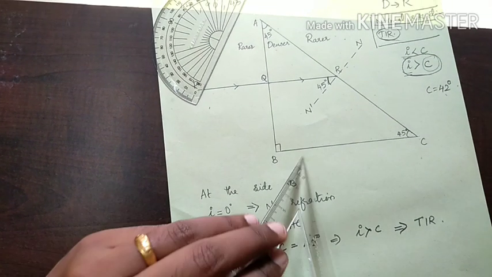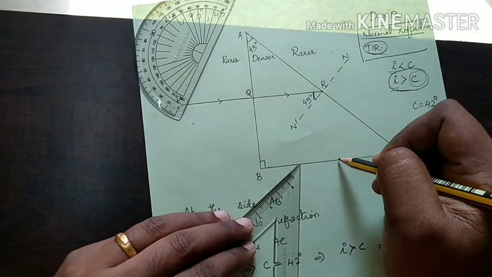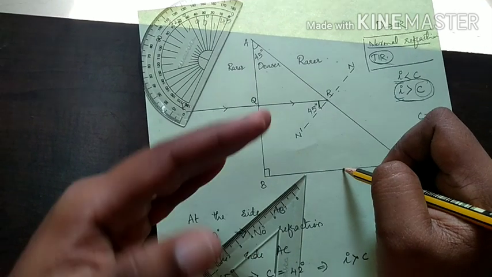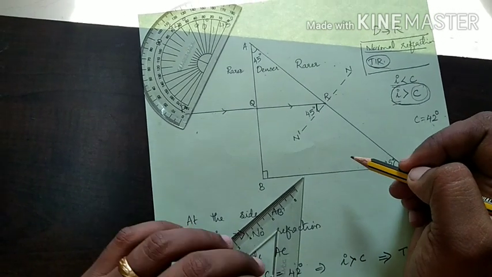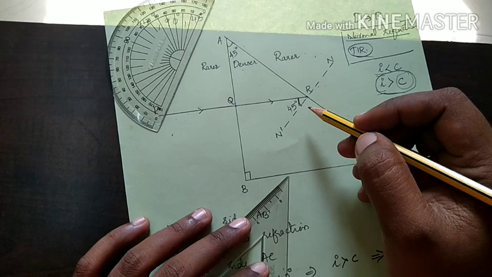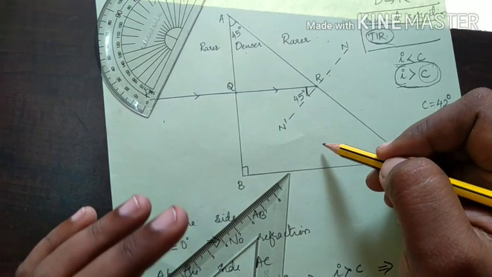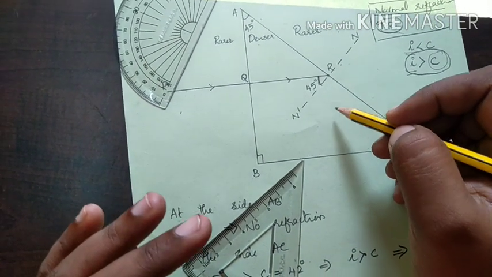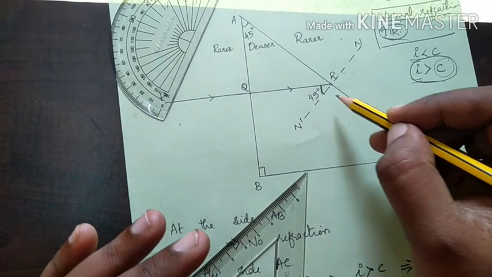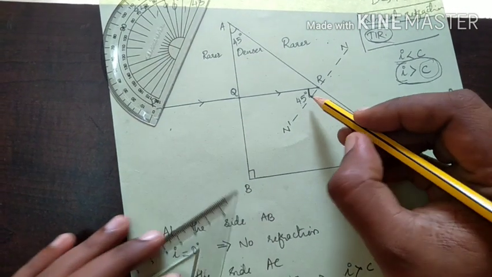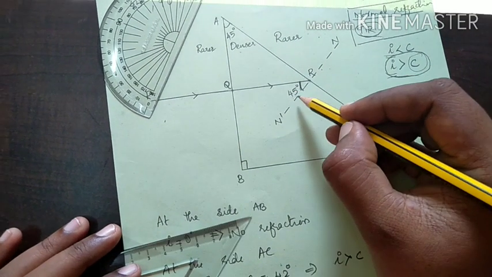Total internal reflection means this light ray will be bouncing back to the denser medium itself. Okay, and what about the angle of reflection? We know since it is a reflected ray, it must obey the law of reflection, that is angle of incidence should be equal to angle of reflection. So the angle of reflection also must be equal to 45 degree.